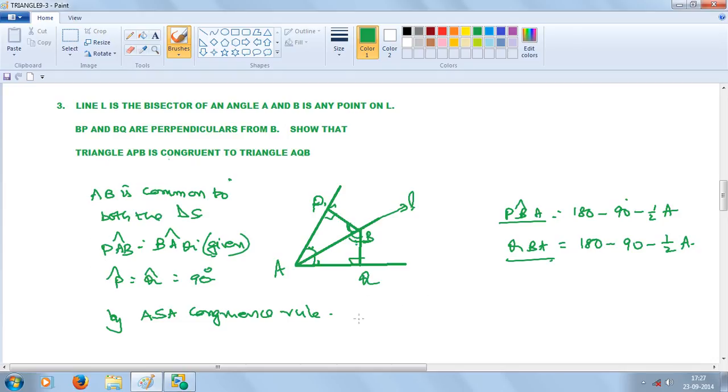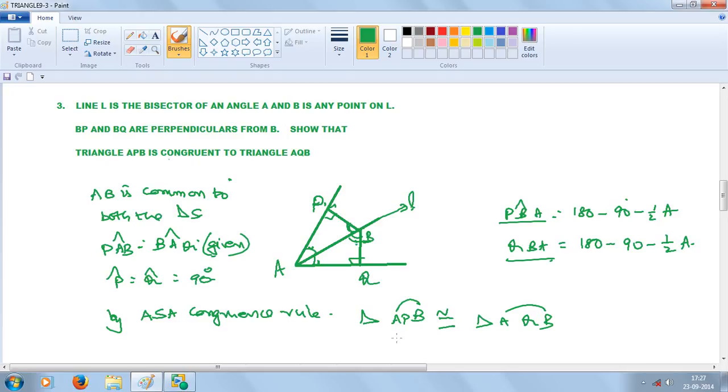By ASA, triangle APB is congruent to triangle AQB. So what we know: AB is common. Here also AB, the same way should come.